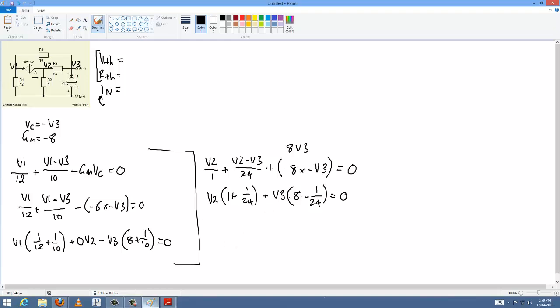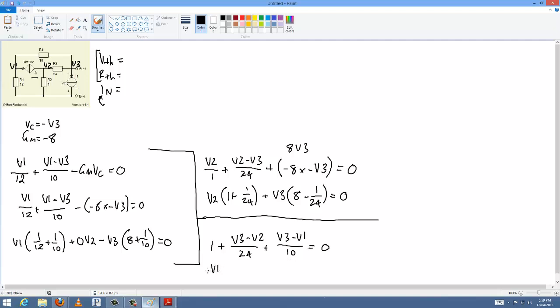And then, we can leave that there for now. I think we can just use this little space for V3. Our voltage source is I1 is going into V3, so it's going to be negative. So it's negative, -1, so it's 1 plus V3 minus V2 on 24 plus V3 minus V1 on 10 equals 0.